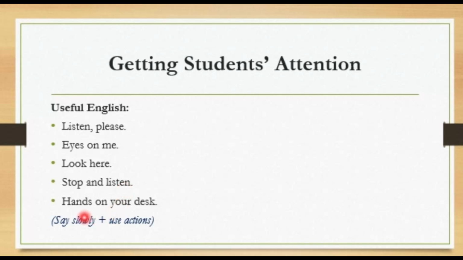But we should always smile in the classroom. That way, they may feel like we are very friendly. And hands on your desk. So a couple of these phrases are only for younger children, like eyes on me and hands on your desk. So these instructions belong to children.